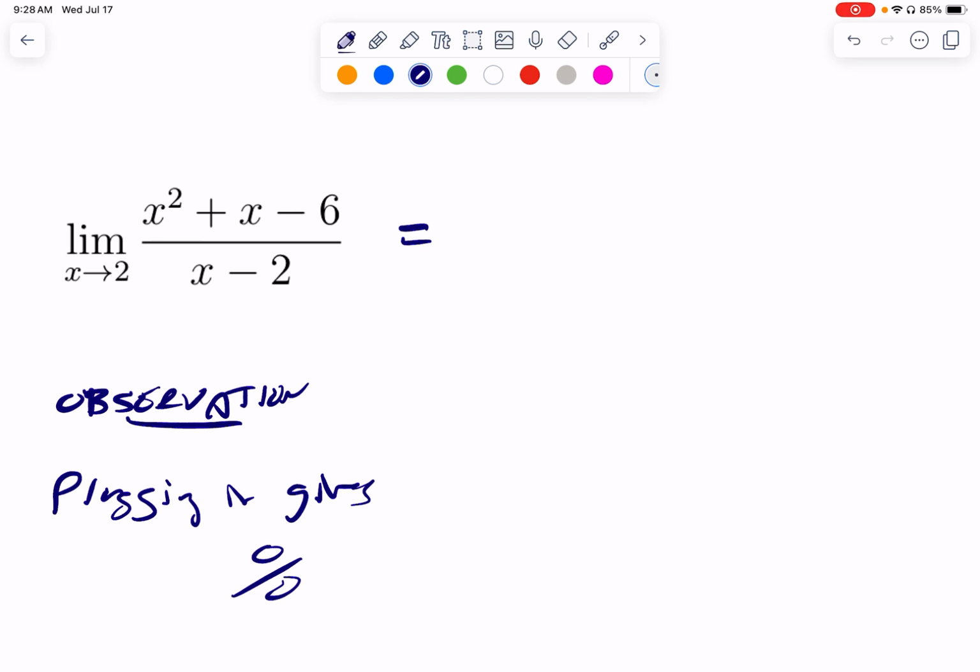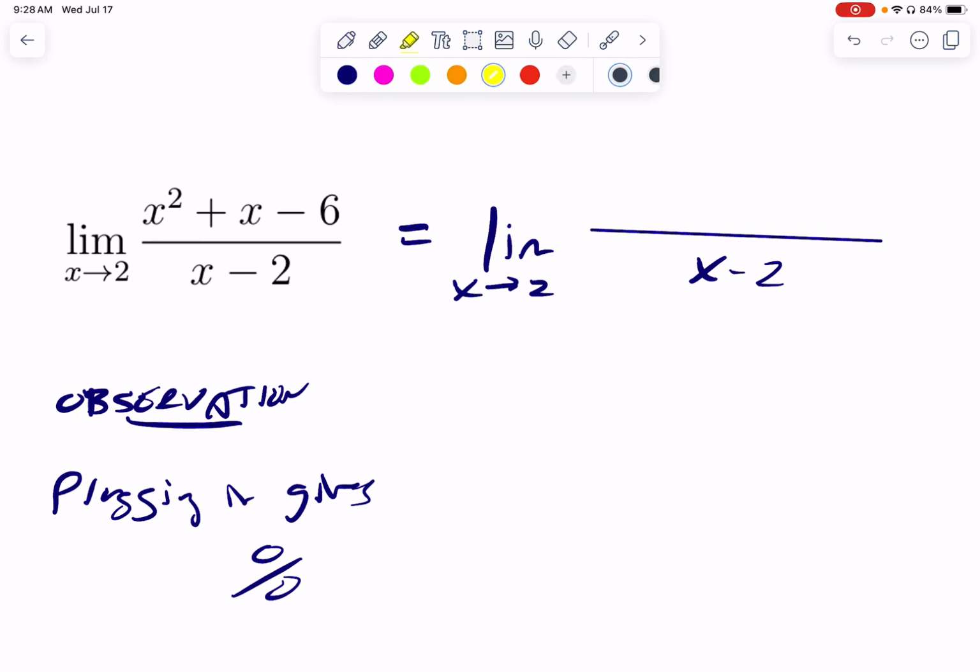If you're getting 0 over 0, you really want to start looking for, can algebra get me out of this? So be on the lookout for anything you see that can simplify or that can factor. And hopefully you're noticing that this trinomial up top factors.